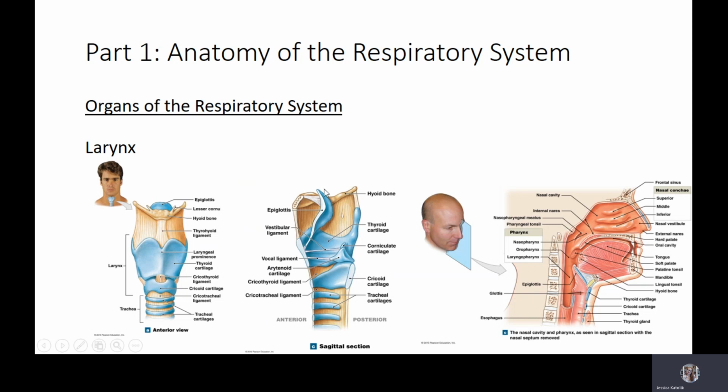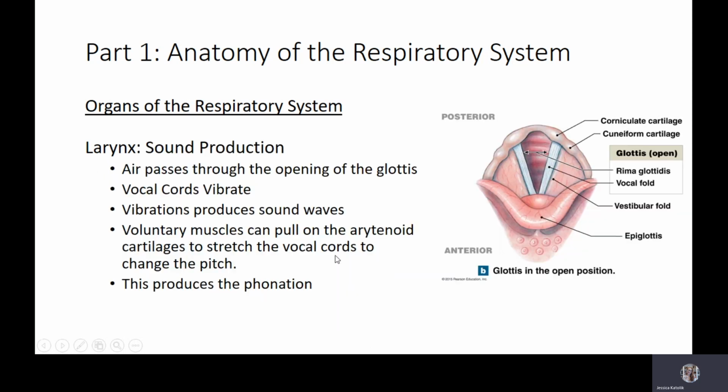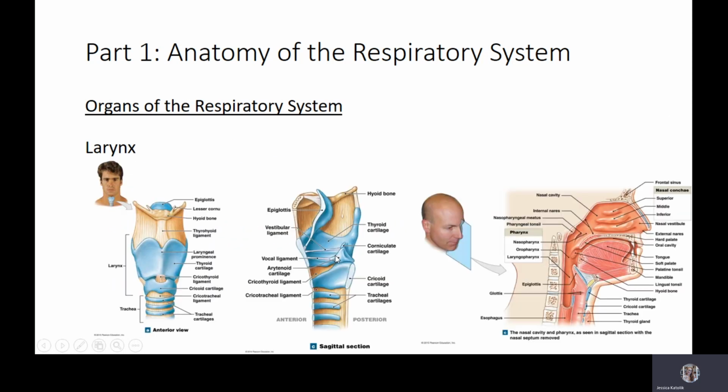Over here, we can see the epiglottis, a flap-like structure that can fold down and close the airway and direct food into the digestive tract instead.